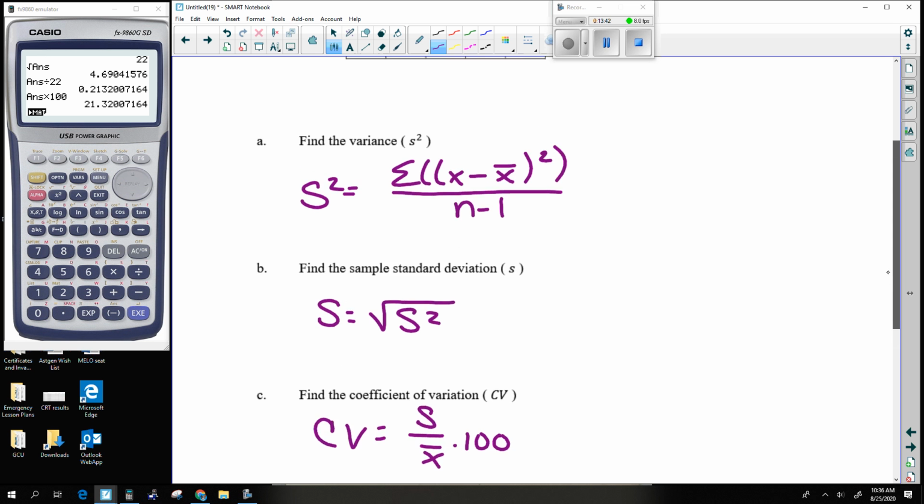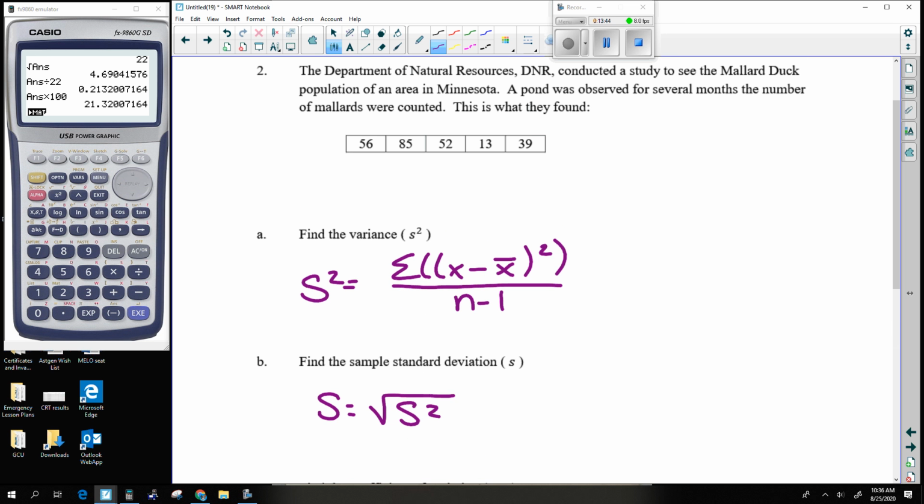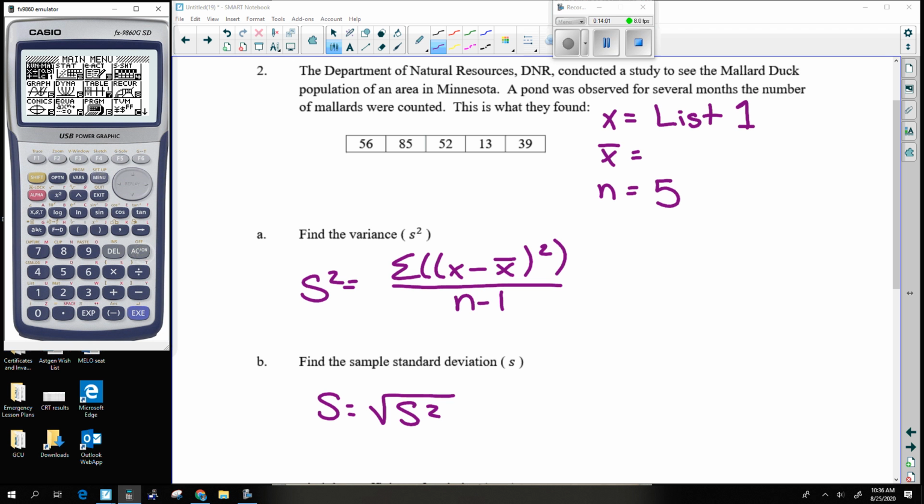All right, so you have to know the formulas, and then it's also obviously good policy to find the important pieces before you get going. So I'm going to make X my list 1. N I see is 5. And then X bar.